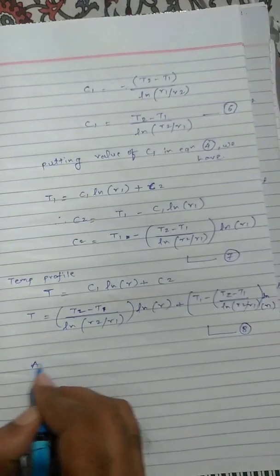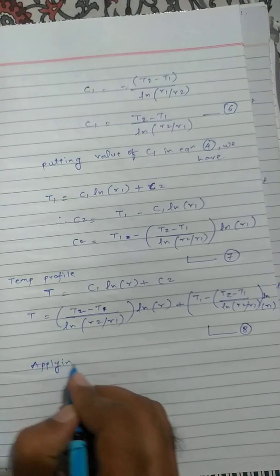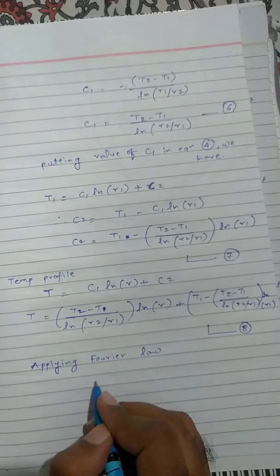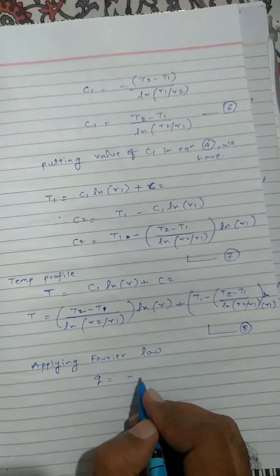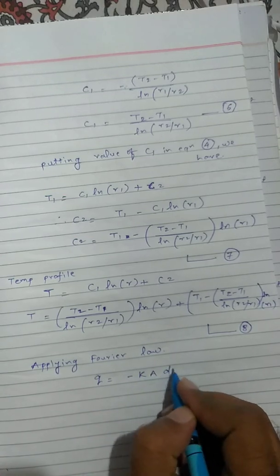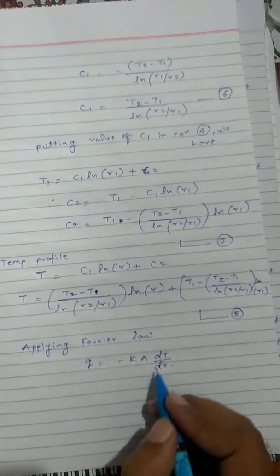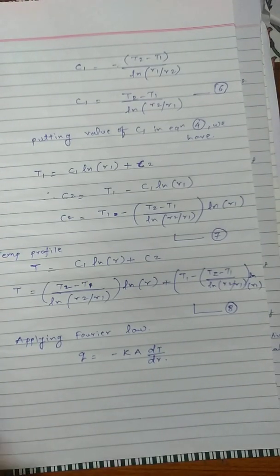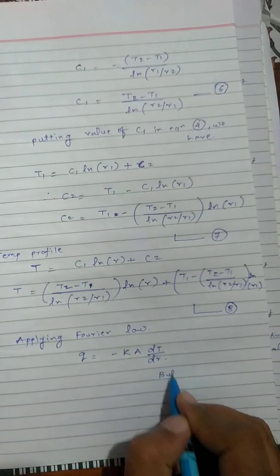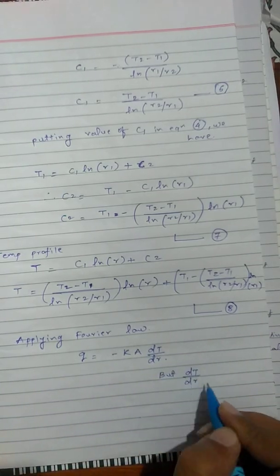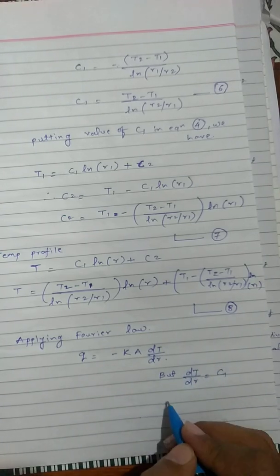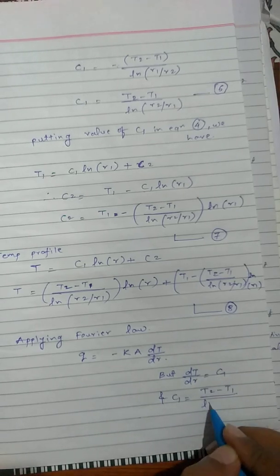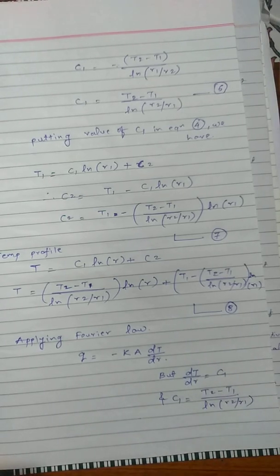Now applying Fourier's law, Fourier says Q equal to minus K A dT by dr. Now we need to put the value of dT by dr. We have said dT by dr is equal to C1, and C1 is equal to T2 minus T1 divided by ln of R2 by R1, okay.